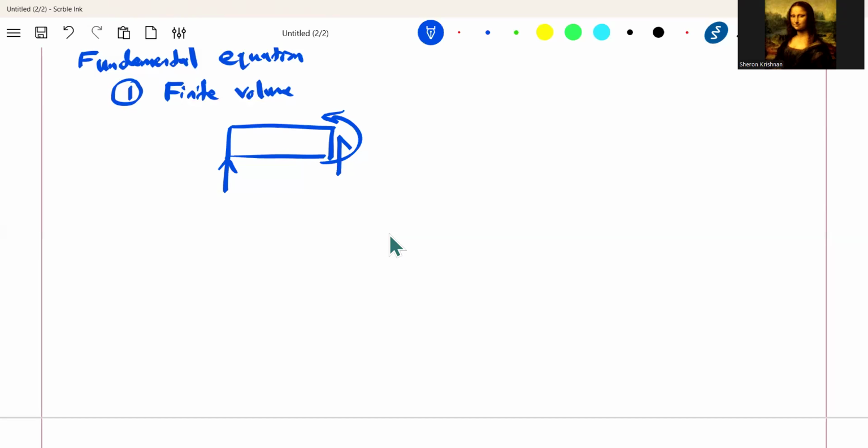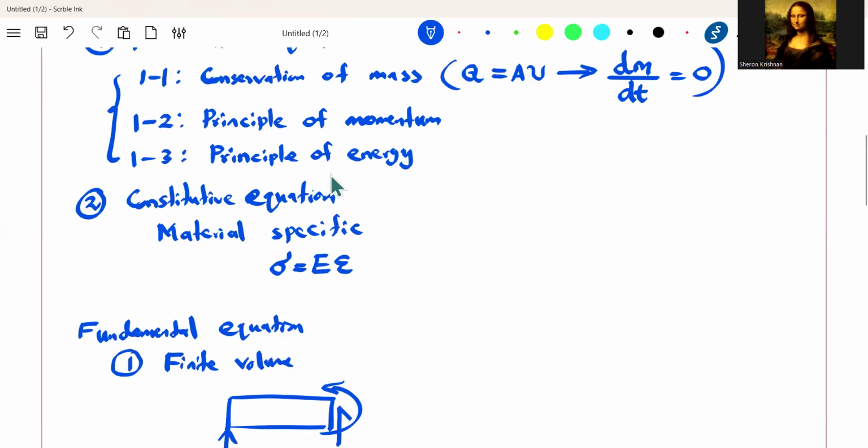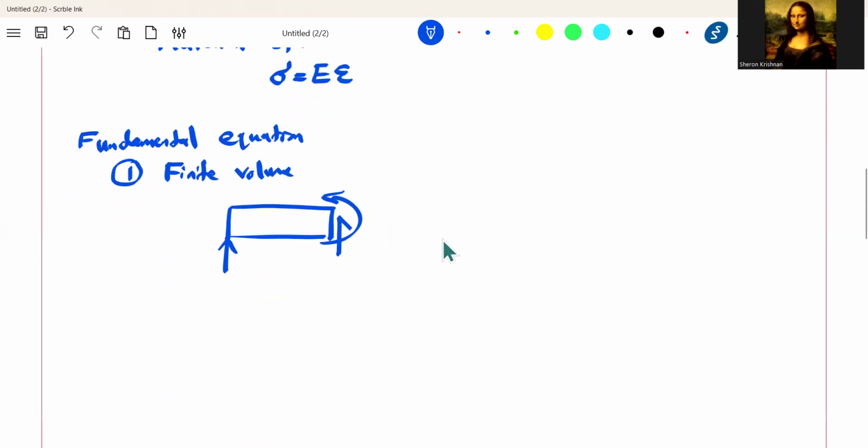Then you apply your universal laws. In that case, you don't apply the first one and the third one. You apply the principle of momentum, Newton's law. You can calculate these forces. Again, here you consider the finite volume. So this is one approach, right? You can consider the whole body.